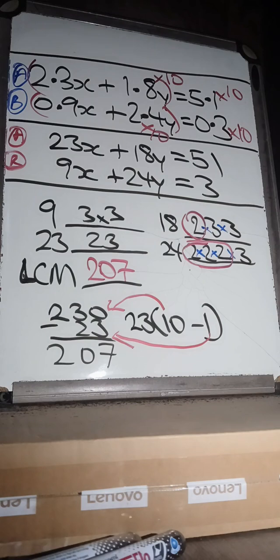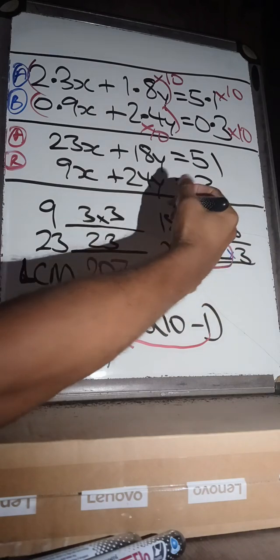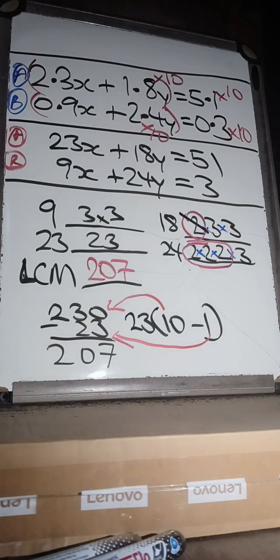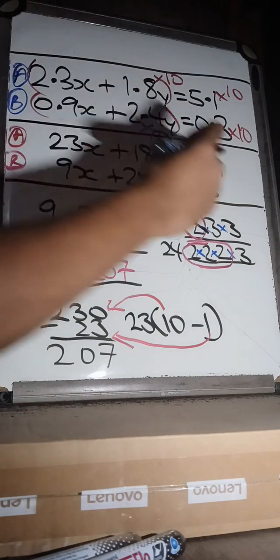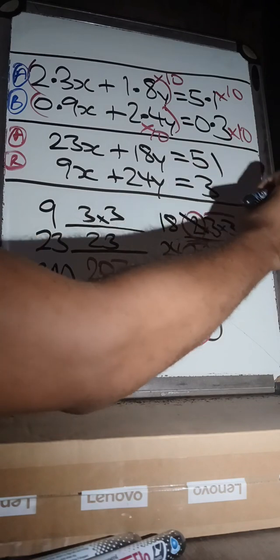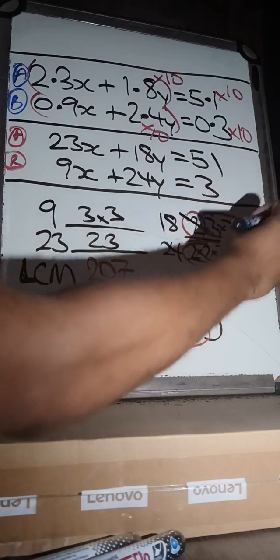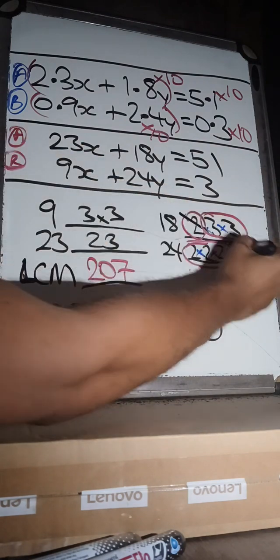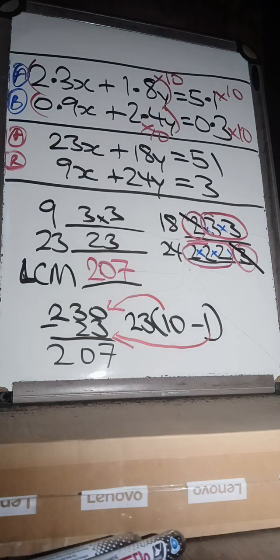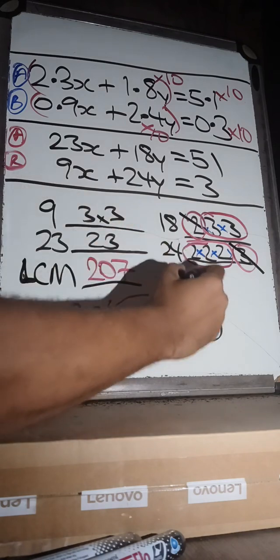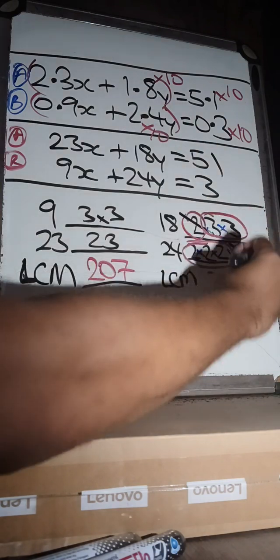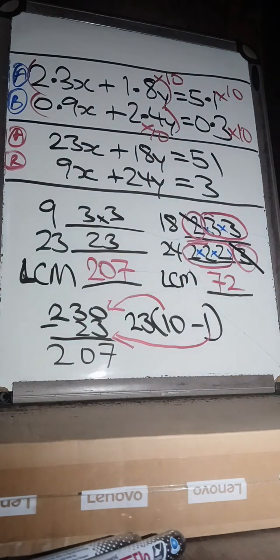So we're going to be using the 2 by 2 by 2. So you want the biggest house for the family possible, right? So then for the 3s now, we use this. So the LCM of 18 and 24 is going to be 72.